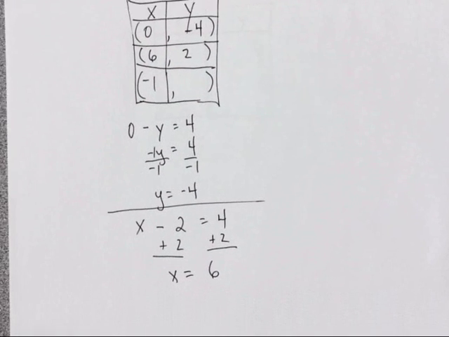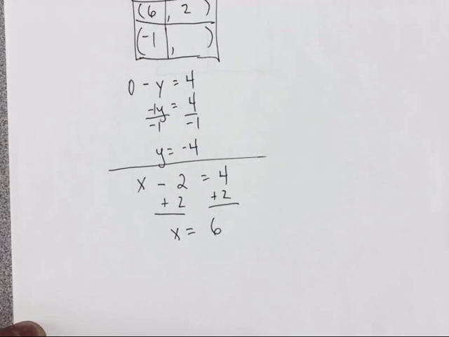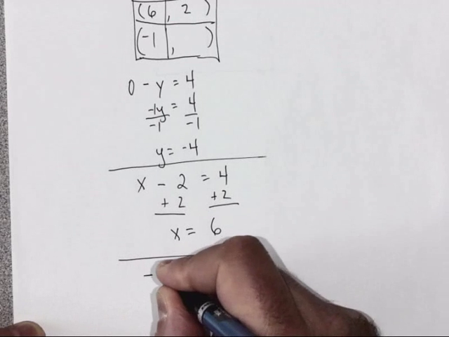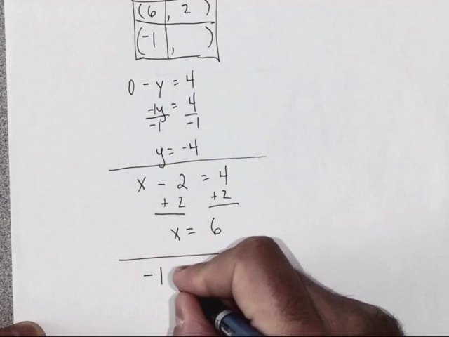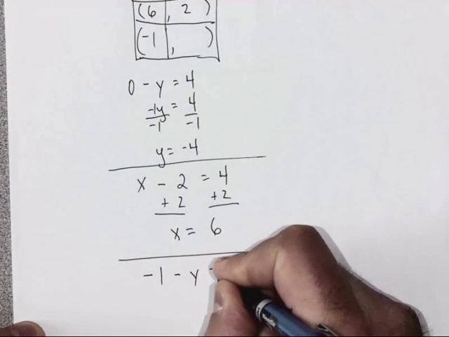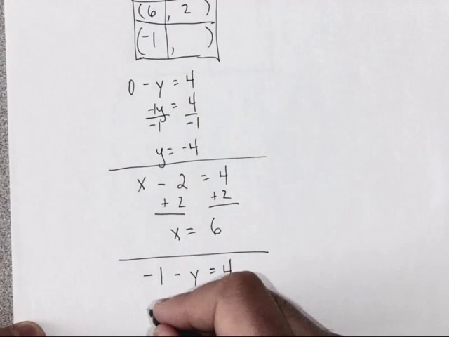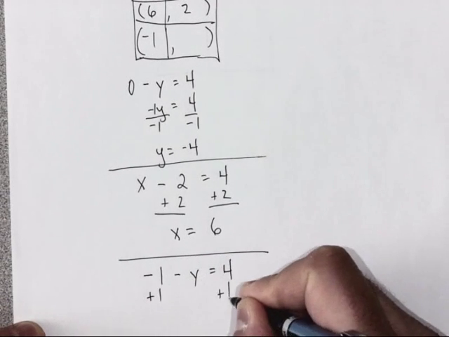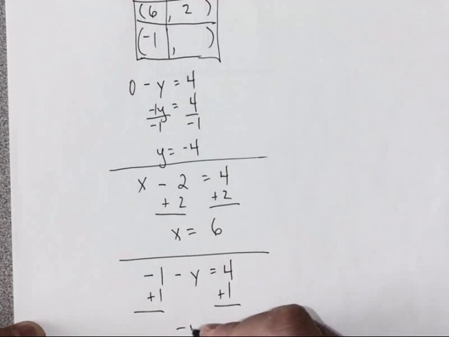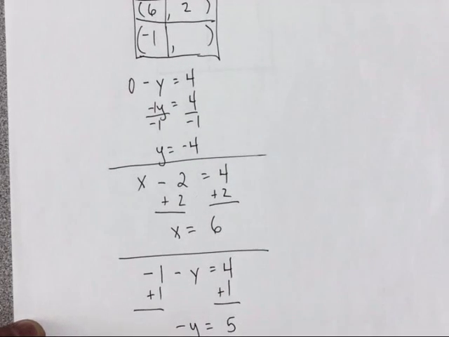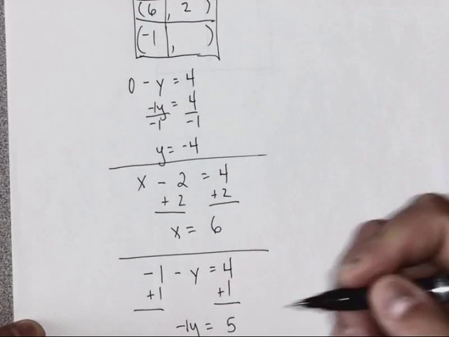So I'm going to slide this down here. So we have negative 1. So that's going in for the x. We're missing the y, so that's what I'm going to solve for. So I'm going to add 1 to both sides. And remember, there's a negative 1 in front of the y.